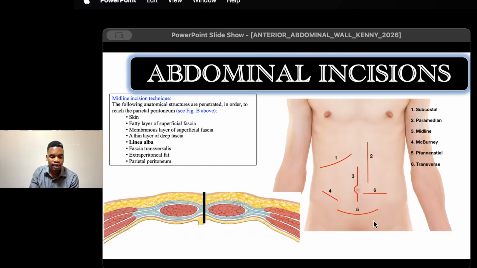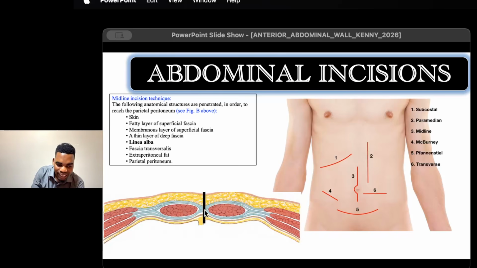But let's concentrate on what is ours, this number 3, which is called the midline incision. With the midline incision, if you're going through an anterior approach, you're not going to encounter these muscles. Among those 9 layers of the abdomen, you will not encounter these muscles.